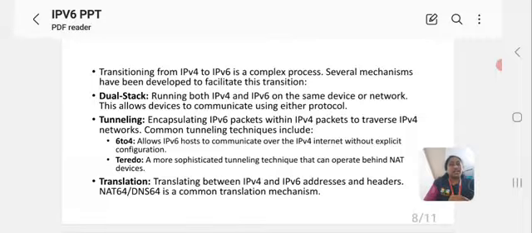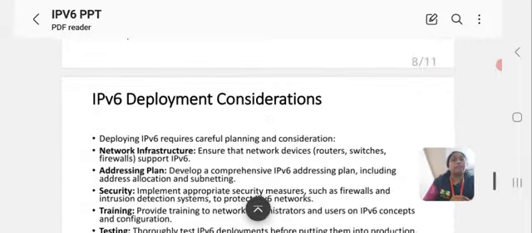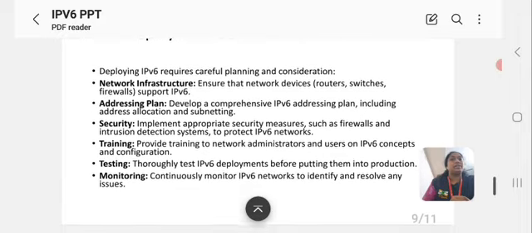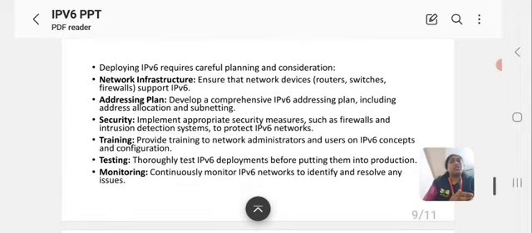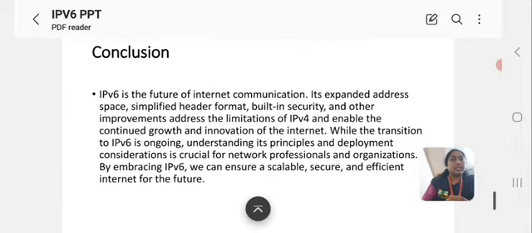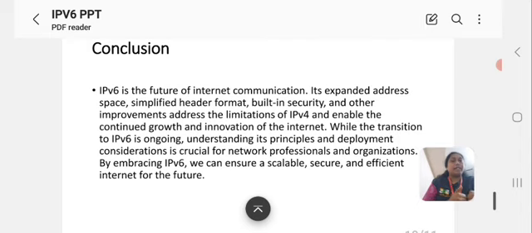IP version 6 deployment considerations include network infrastructure, addressing plan, security, and also providing training, testing, and monitoring. IP version 6 is the future of internet communication.